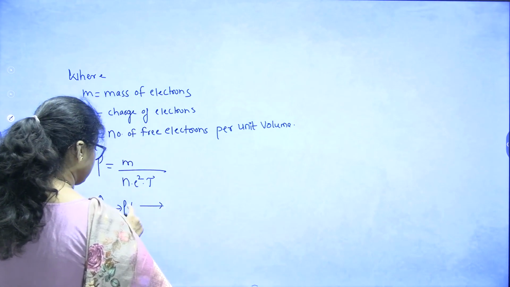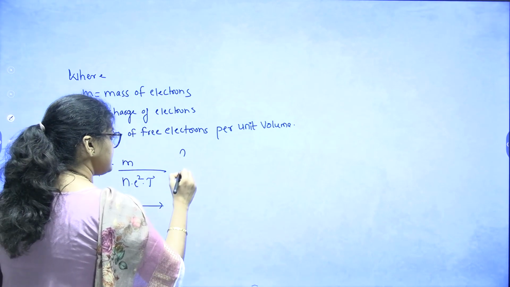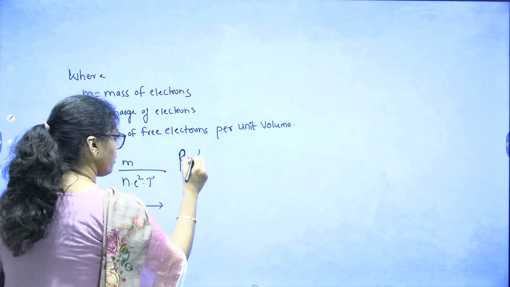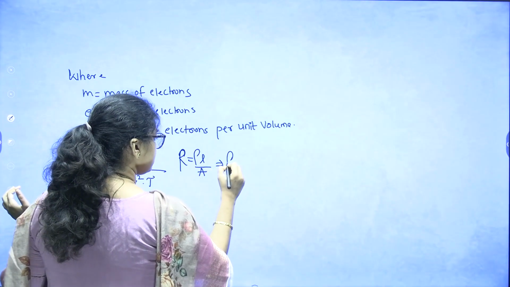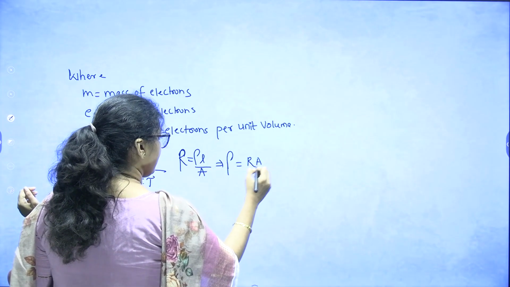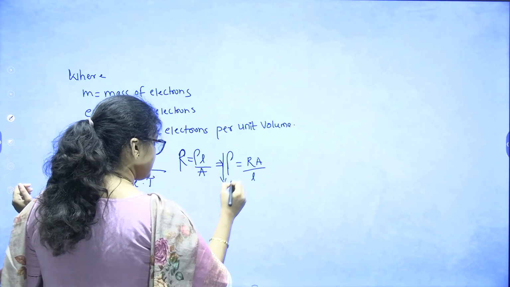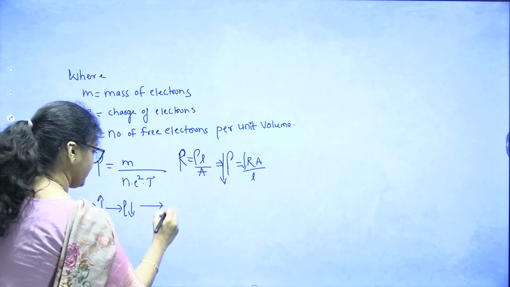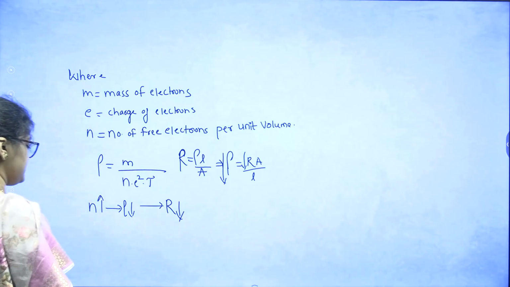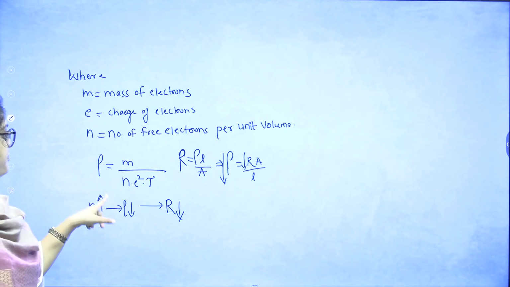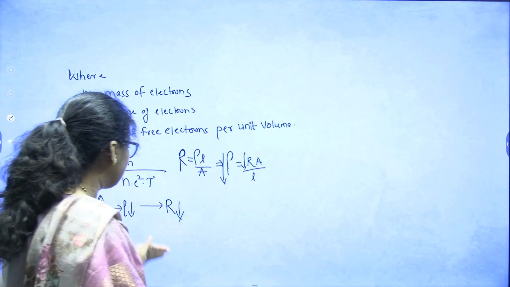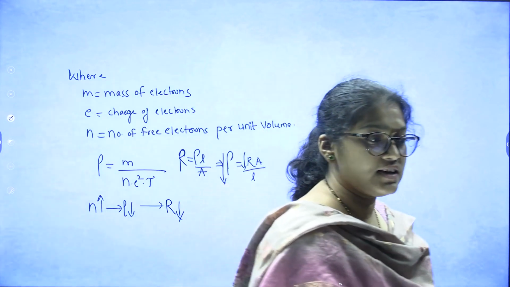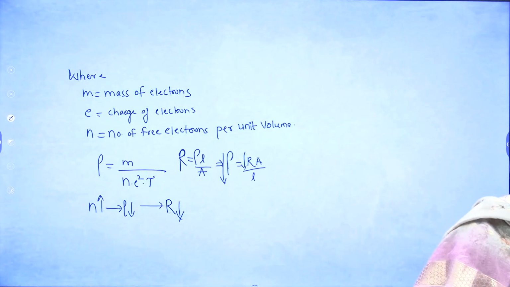R is equal to rho L by A. From this, rho is equal to R A by L. If resistivity decreases, the resistance will also decrease. Remember, if the number of free electrons per unit volume is increasing, the specific resistance will decrease, and then the resistance is also decreasing.